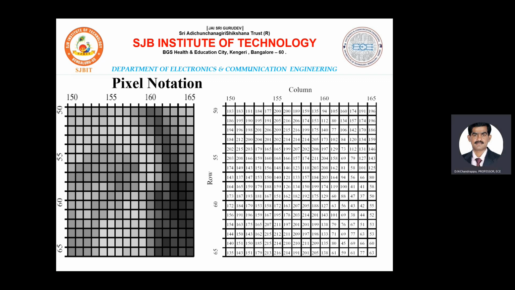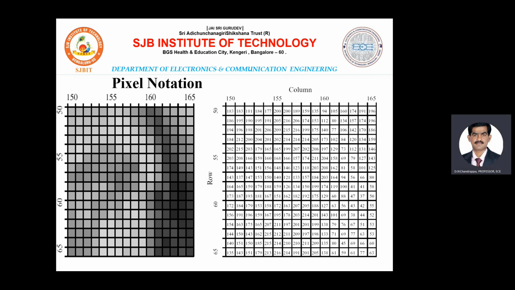Some pixel notations for your reference. Any image may be considered in the form of a matrix. It may be a 2 cross 2 matrix, or here we consider a 16 cross 16 matrix. In this slide we have two representations.